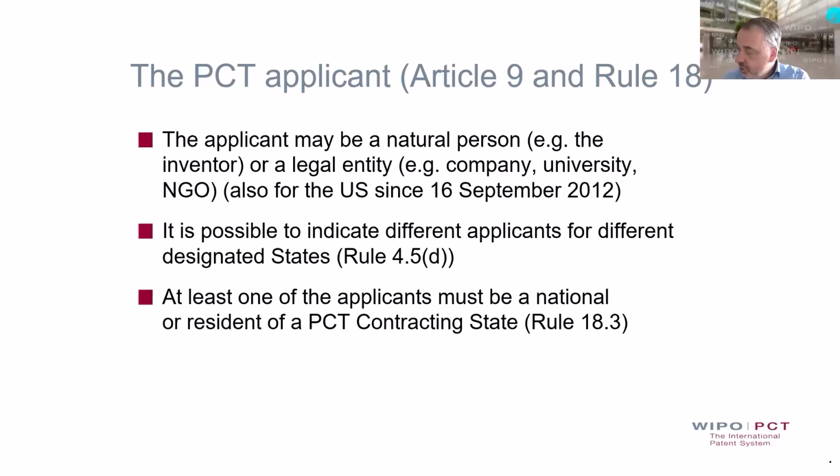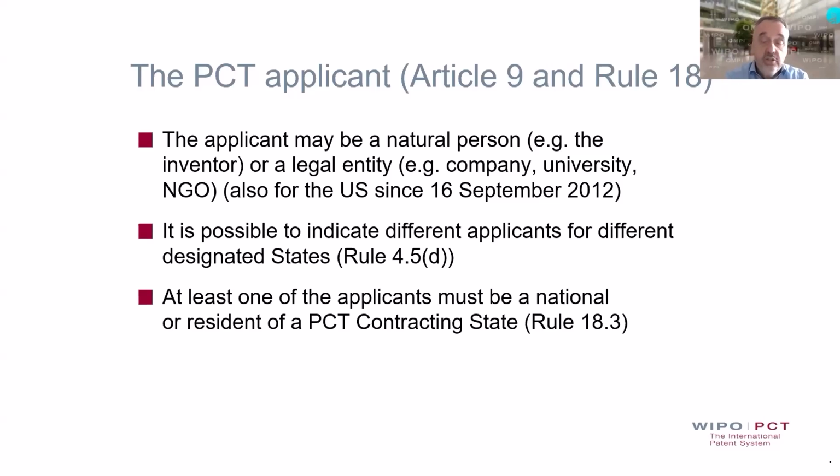And I already mentioned this before, and it's still one of the critical mistakes one can make when filing a PCT application: to not include at least one applicant who is a national or a resident of a PCT contracting state. And it's important to really appreciate the "or" in this sentence.